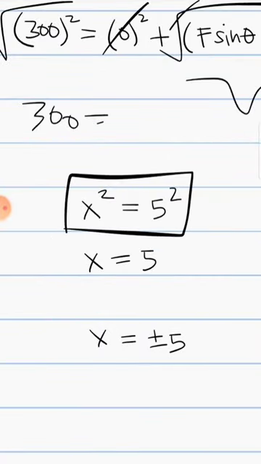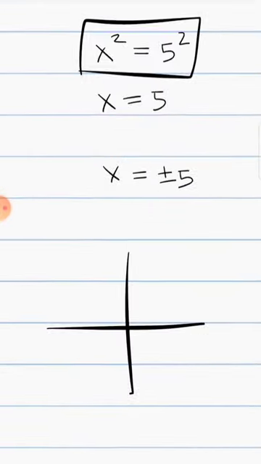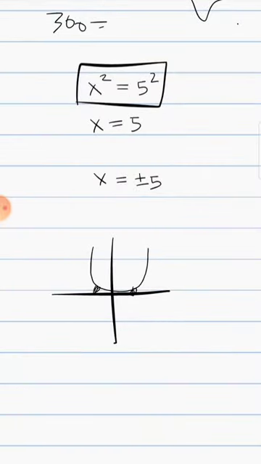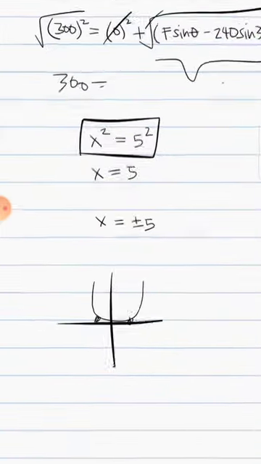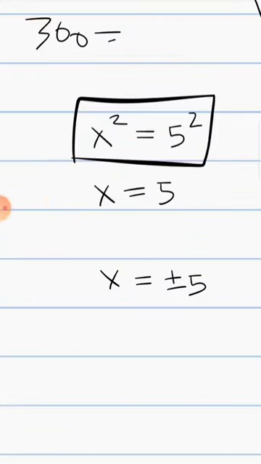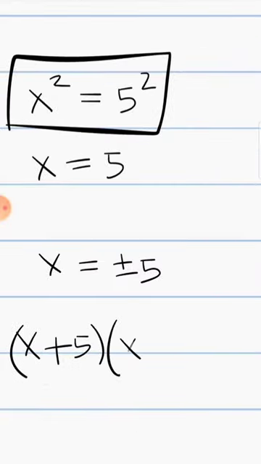This is a quadratic equation. Meaning, if it is a quadratic equation, or its graph, for example this one, its roots are two, the positive and the negative. The roots, or the factors of this, would be x plus 5 and x minus 5.